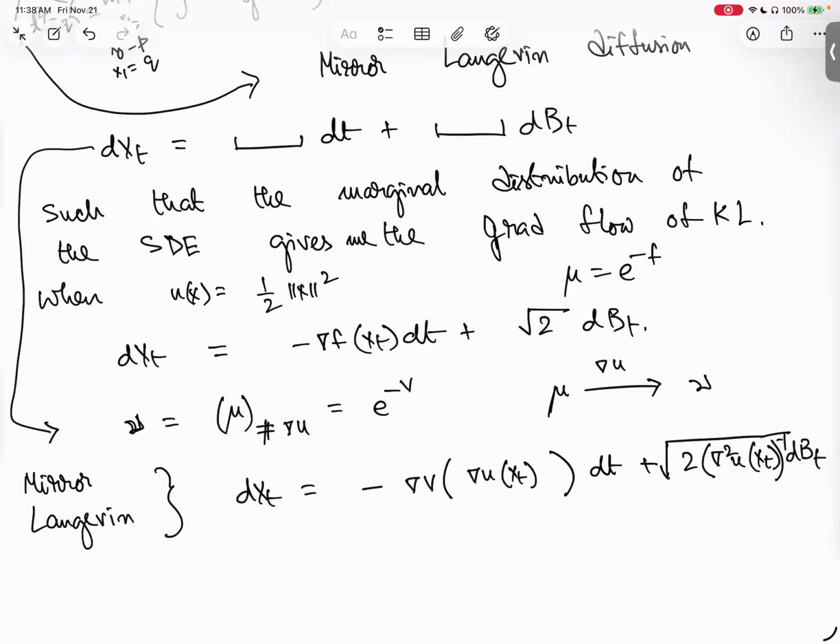Now check that you get back your Langevin diffusion when your U is 1/2 norm x squared. When U is 1/2 norm x squared, the gradient of U is the identity map, then nu becomes equal to mu, and the Hessian of U is the identity matrix. And so this term will coincide with that term, and your mirror Langevin diffusion reduces exactly to your usual Langevin diffusion.